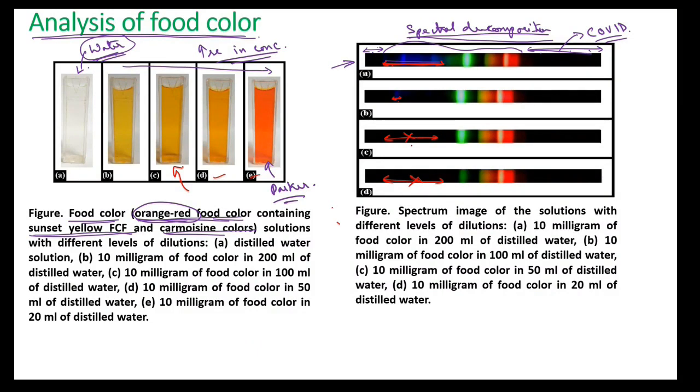Why is this happening? Can anyone tell me? What is the reason? As we are increasing the concentration of the food color in water, this blue component has been completely suppressed.